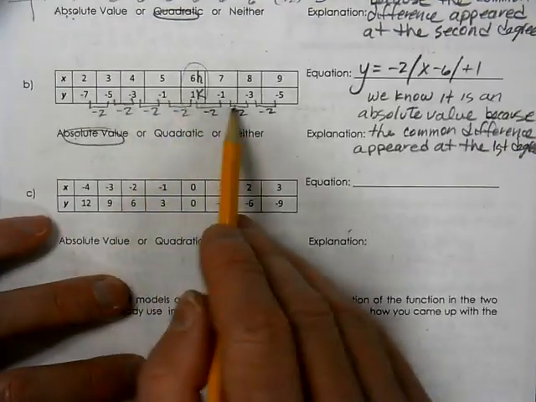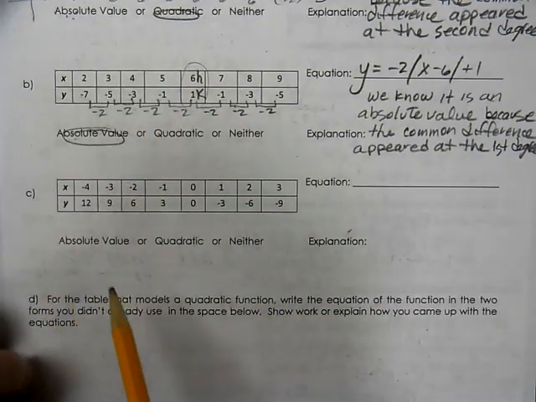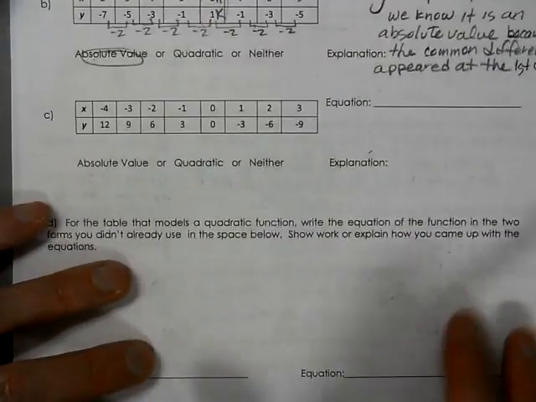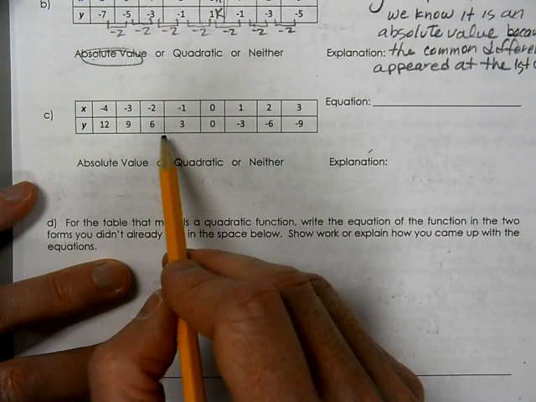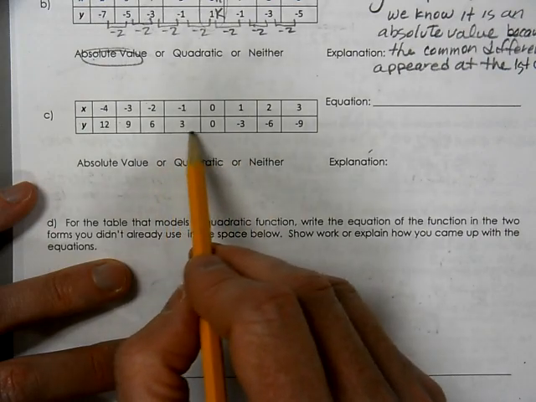It was the first common difference that happened. So now we look at the numbers where they repeat.